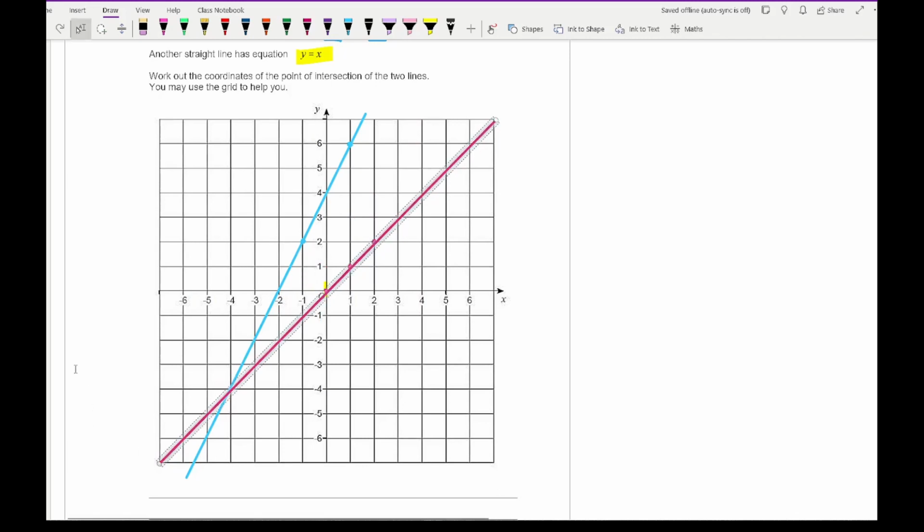And the answer is where those 2 lines cross, and they cross at this point here, which is -4, -4.